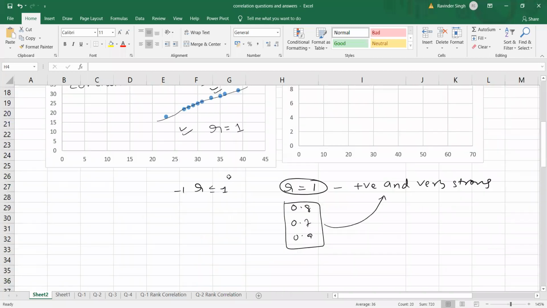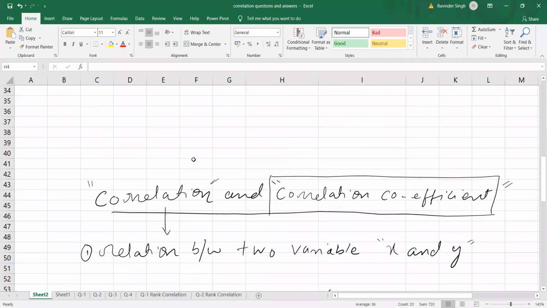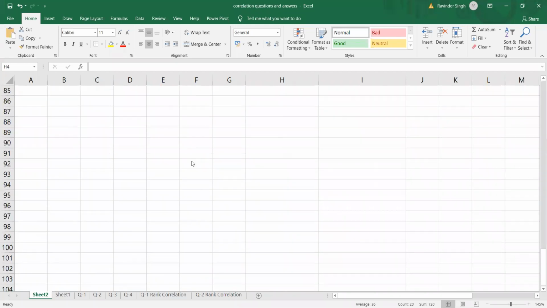Before I go ahead with the R value, let us understand a few more things about the scatter plot and correlation. If the plot of X and Y data is very much linear, and if you draw a straight line and all the points lie on the straight line, then we call this a very strong and positive correlation.